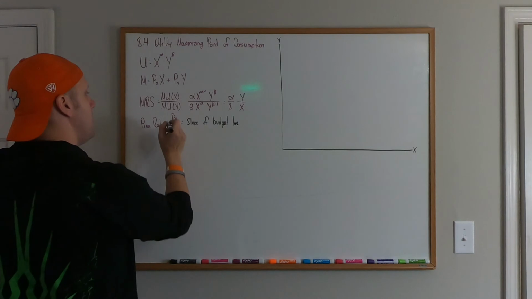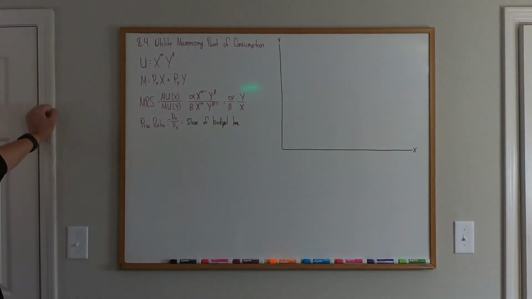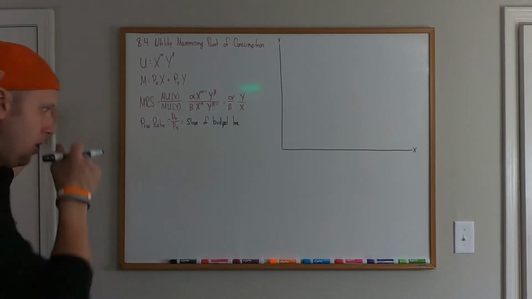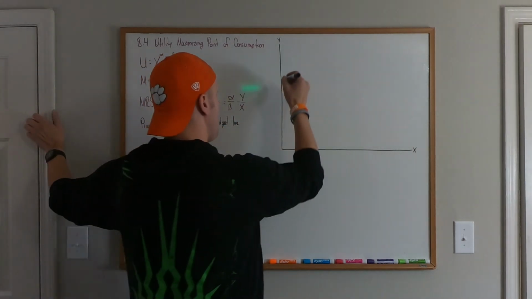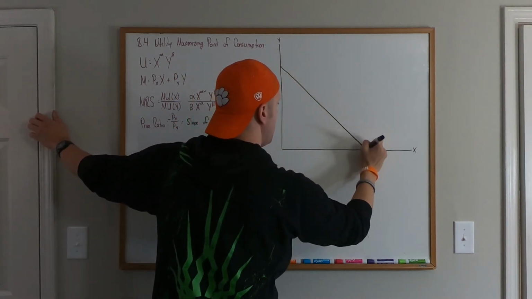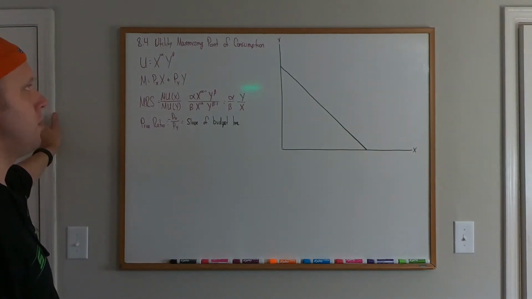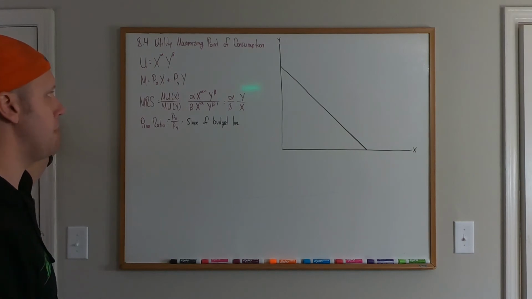But a little something extra: it was negative. I won't go through the mathematics on why, but if we use the method of Lagrange multipliers, we would see that it would be negative. So the slope of that budget line would be the ratio of the prices of x and y.